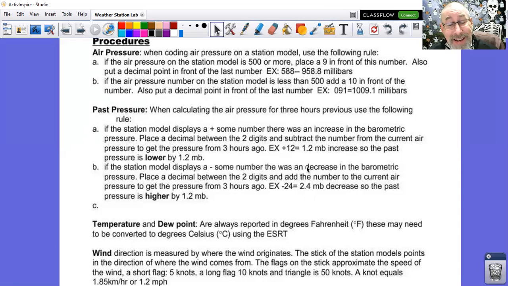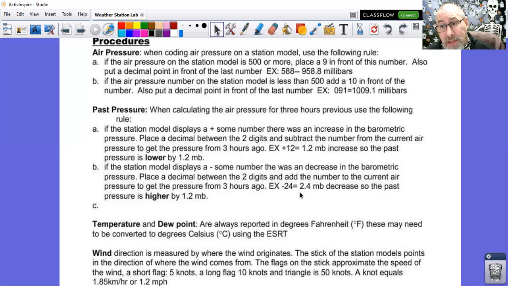Now, if it has a negative, that means that the pressure is going down. 3 hours ago, it was higher. So again, that two-digit number is a ones and a tenths place. So for example, we have negative 24 right here in our instructions.